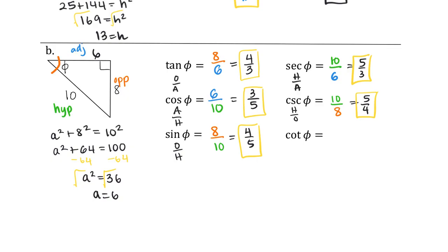Okay, cotangent is the reciprocal of tangent. So instead of O over A, it's A over O. A is 6, O is 8. And if I simplify it, I get 3/4. And then just like with the other ones, I could have also just said a cotangent is the reciprocal of tangent. My answer for tangent was 4 over 3, so if I flip it, I get 3 over 4.